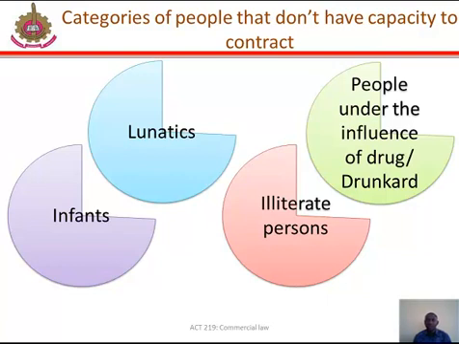Contracts for necessaries include food, clothing. However, for a contract of necessaries to be binding on the infant, they must not contain harsh and onerous terms.